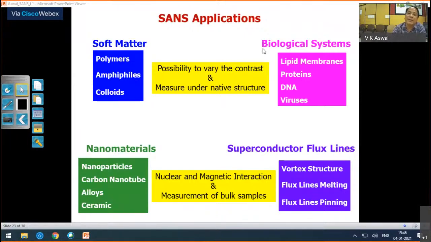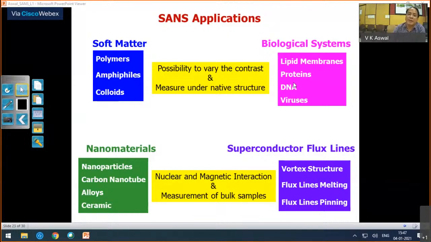The reason being that these are systems where you have hydrogenous components. Most of them will have either H2O or hydrogen in the molecule. Because of that, and I will come to this later on, you can vary the contrast. As I was saying, with the contrast, you can get the composition of the particle. Since there is an easy possibility to vary the contrast, these are the widely studied systems using small angle neutron scattering.